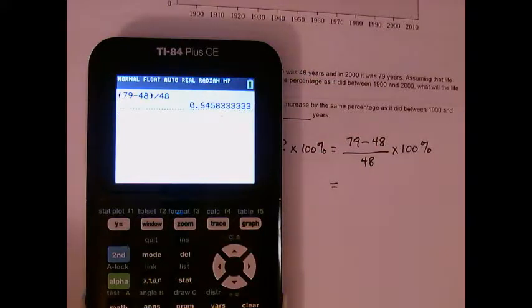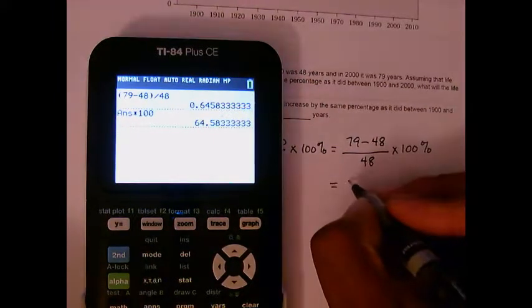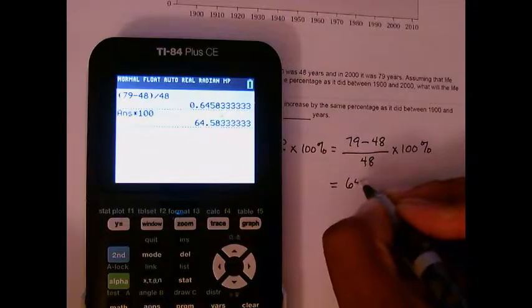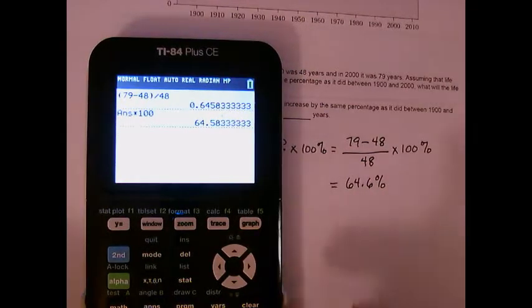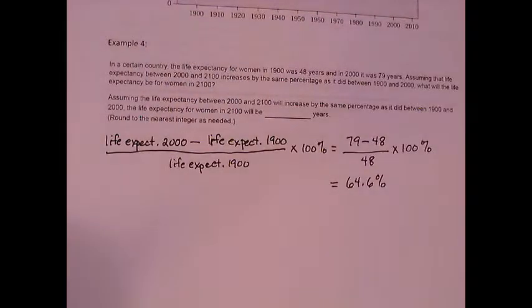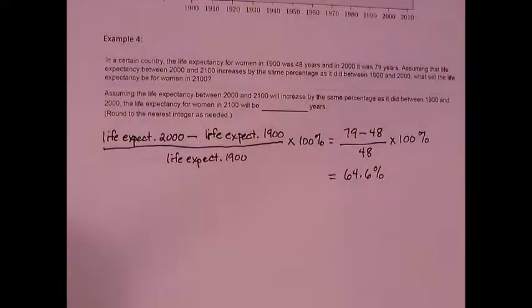That will be the decimal, but here I need to multiply by 100% because they want that as a percent. Rounded to one decimal place, it would be 64.6%. So the change in the life expectancy for women from 1900 to 2000 was 64.6%.